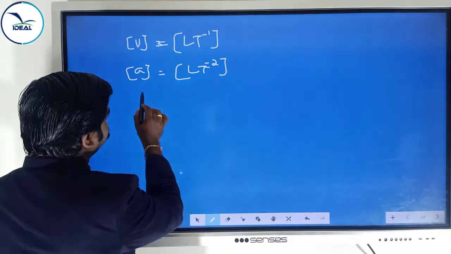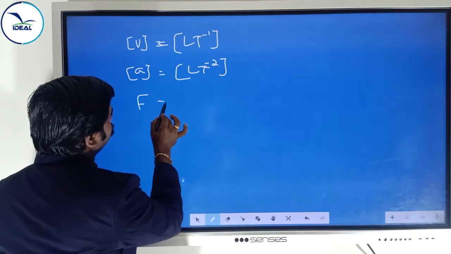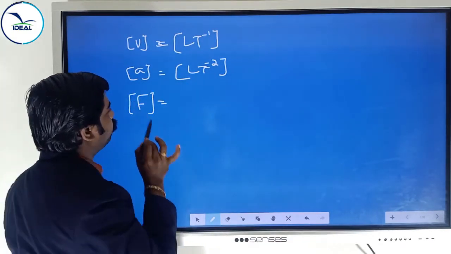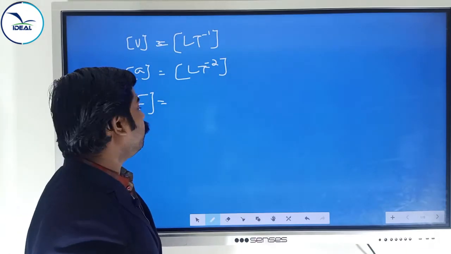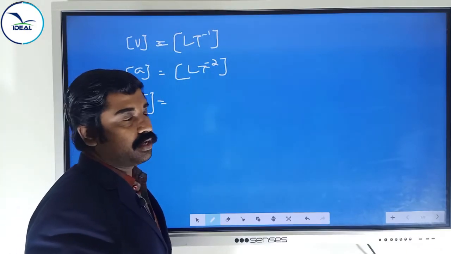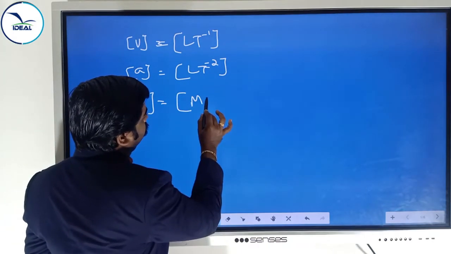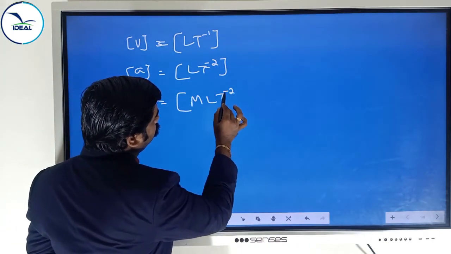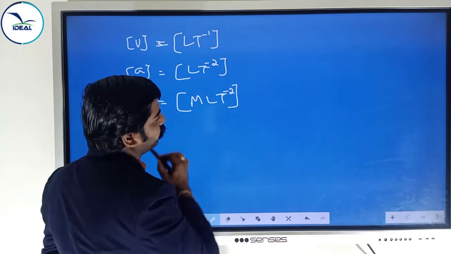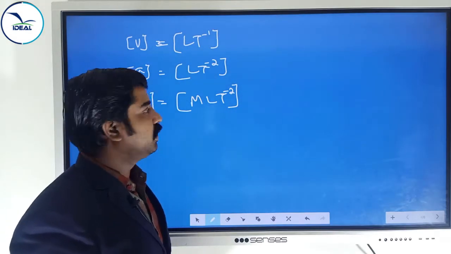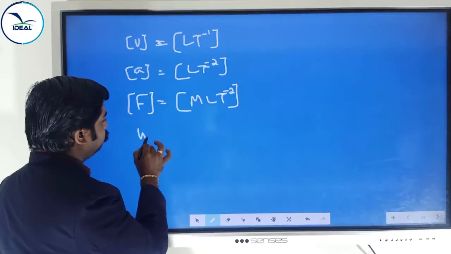Then force. Dimension of force. Force is equal to mass into acceleration. So the dimension is MLT raised to minus 2. Then work.